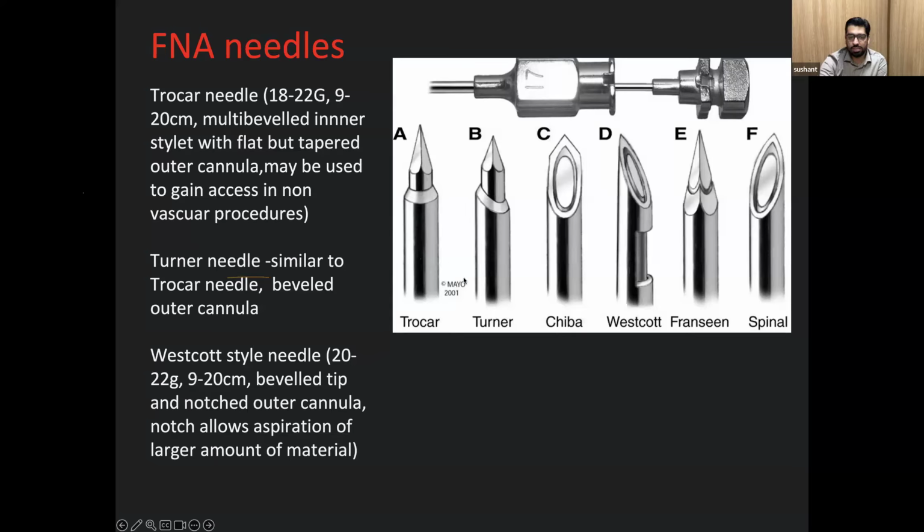The Turner needle is almost the same as the trocar needle with a bevel tip. The Chiba needle has the maximum maneuverability. Others are the Westcott, Francine, and the Quincke type of spinal needle. We also have in our hand this kind of Chiba needle. If you can all see, this is a Chiba needle which has an angle of around 45°.